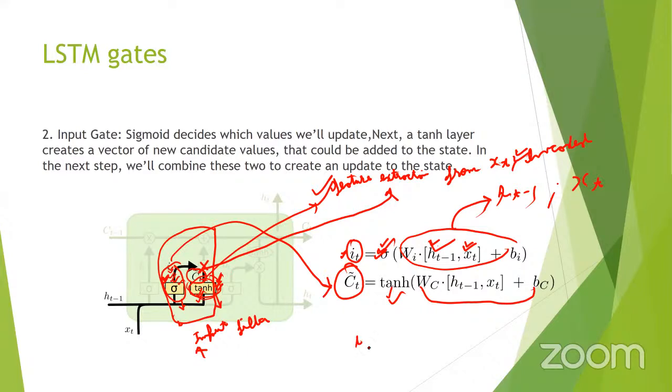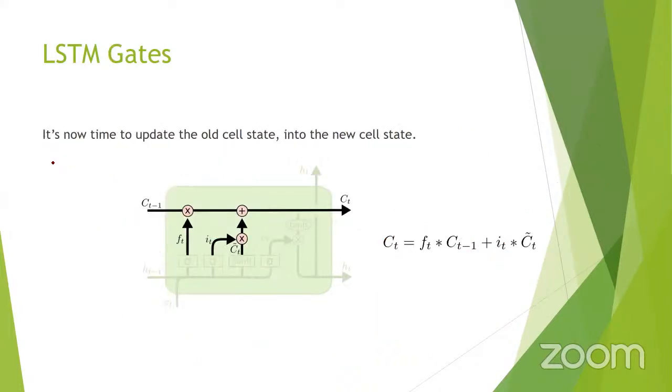Obviously, multiplication will happen, IT into CT. So these are your extracted features, and these are your decision of the sigmoid layer, which input to take and which one to reject. In this way, your input gate will work, right?